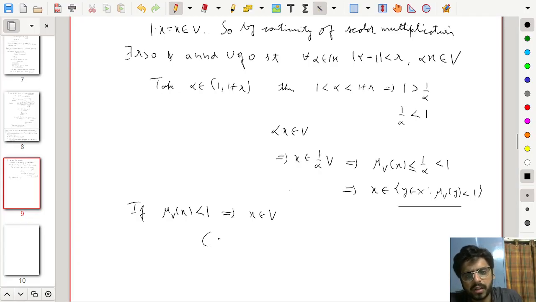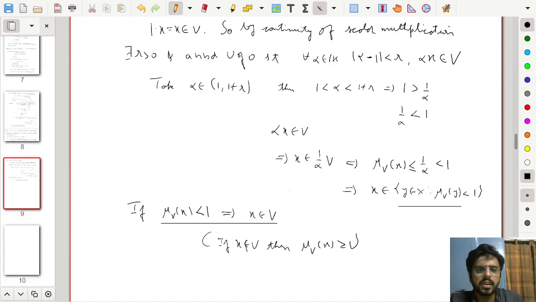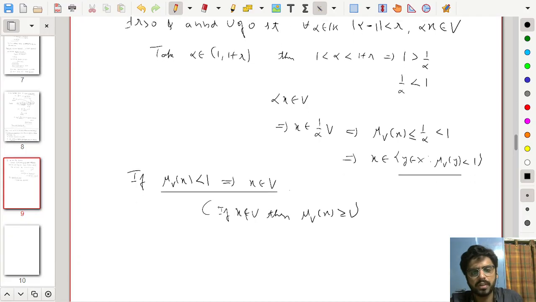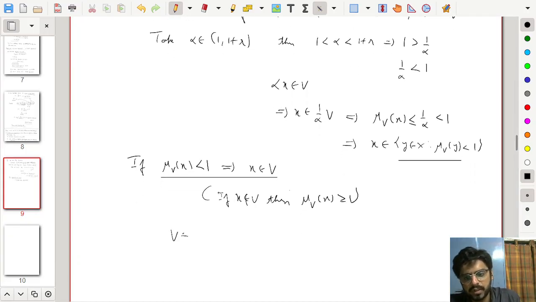Because by the remark that we have proven in the previous video, if x doesn't belong to V, then mu V of x has to be greater than or equal to 1, which is not possible because we have taken mu V of x to be strictly less than 1. So mu V of x strictly less than 1 implies x belongs to V. Hence we get the first assertion, that is V is equal to all those x in X such that mu V of x is strictly less than 1.